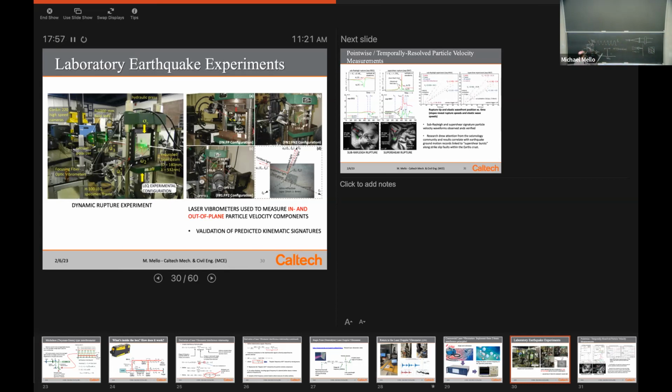And simultaneously, we have these point measurement vibrometers measuring the motion very precisely as a point as this rupture sweeps by. I think the other ones on the side are just different perspectives showing the probes and the hardware that you use to hold the probes in space. That's the part you never think about, right? It's like, well, how am I going to hold these probes in space?